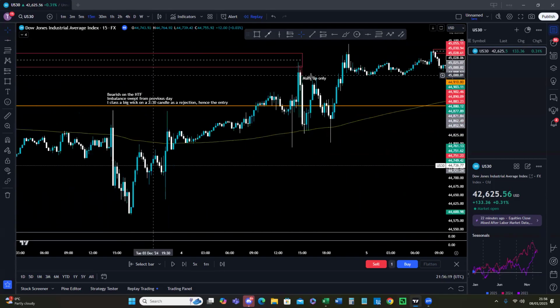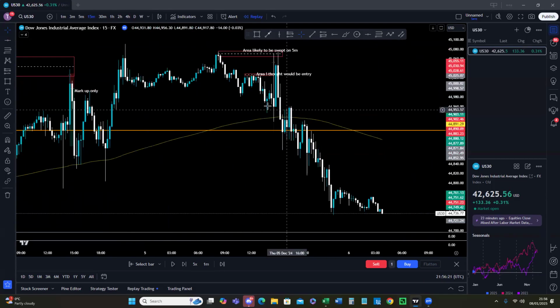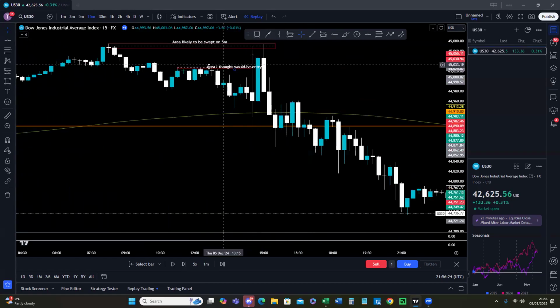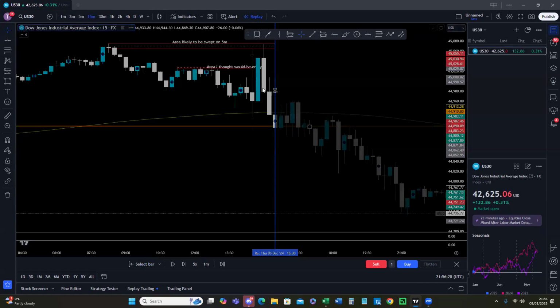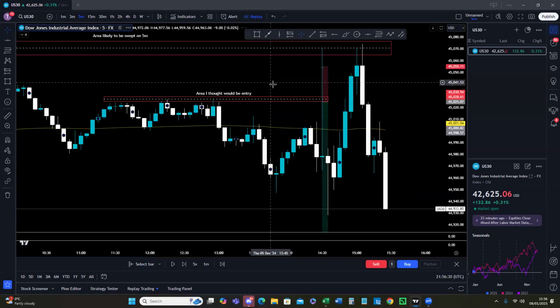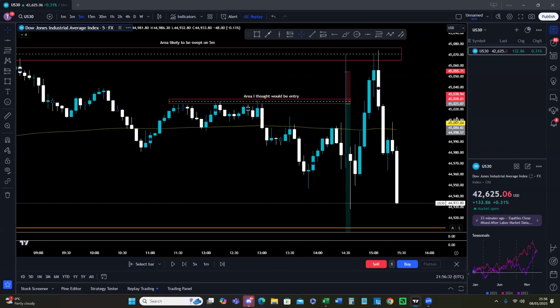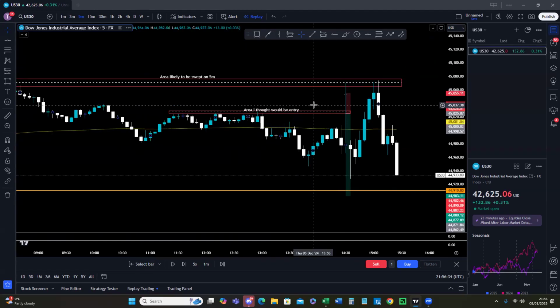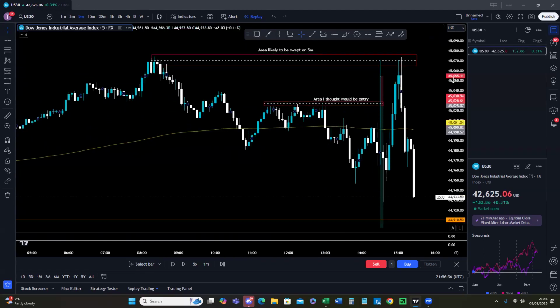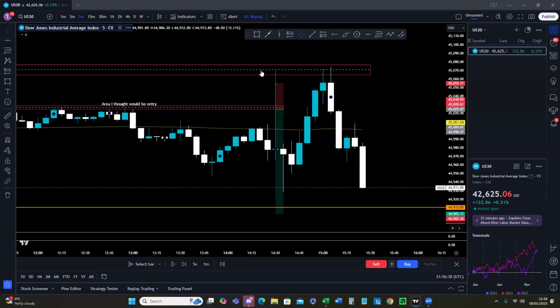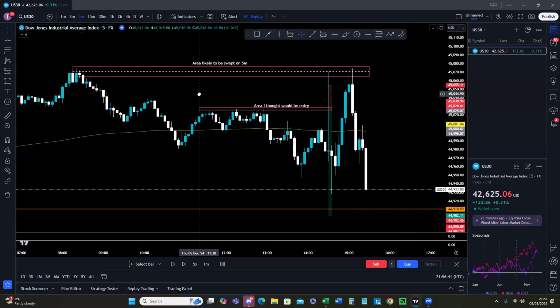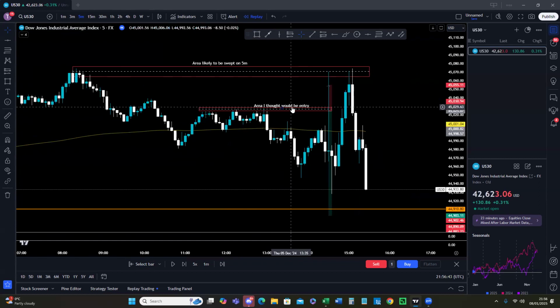I have gone miles back. So that's the markup. This is another area here, which may have been a stop loss. Yes, this is a stop loss trade, so it's a good one to see. I probably didn't look at this properly.